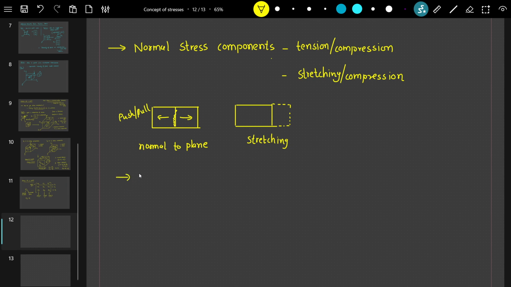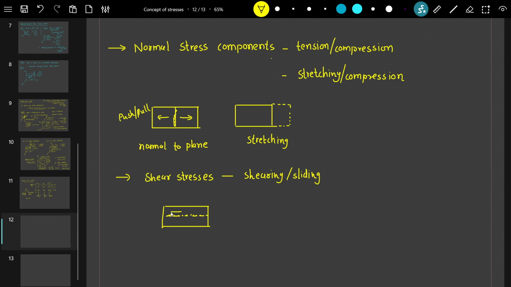And shear stress components result in shearing or sliding. Let's understand with a similar structure. Let's say this is our plane.